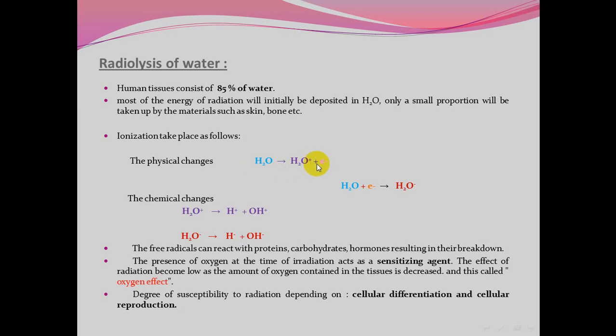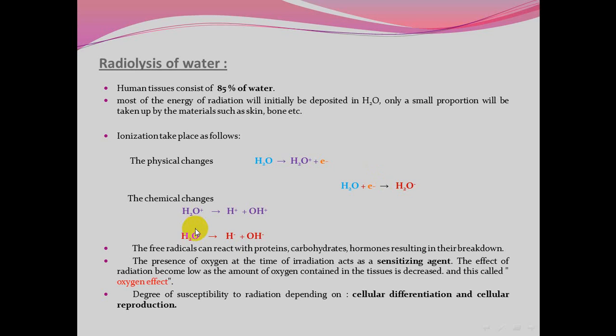This electron will be captured by another molecule of water, and then this molecule, because of capturing this electron, will become a negative ion. These molecules are unstable. Till here, the change is a physical change.